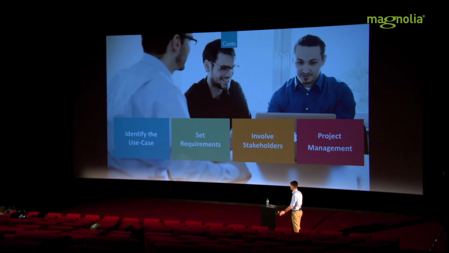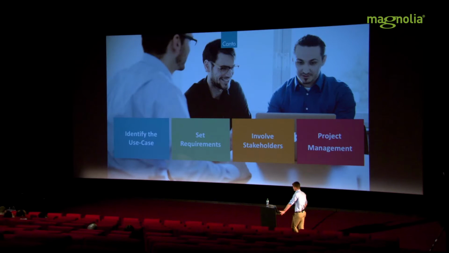So the first step is, of course, identify the use case that you want to solve. You've seen I showed you 4 different use cases, and we have so many more. This is extremely important. And once you have done that, you have to set the requirements and then take all the stakeholders, do the trainings, involve them, see how they work, adapt it to their workflow, and then you start your project management.